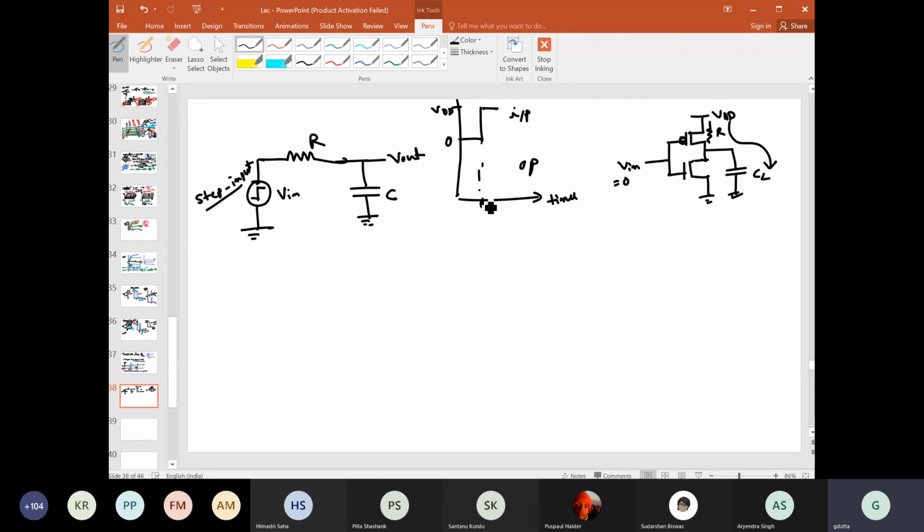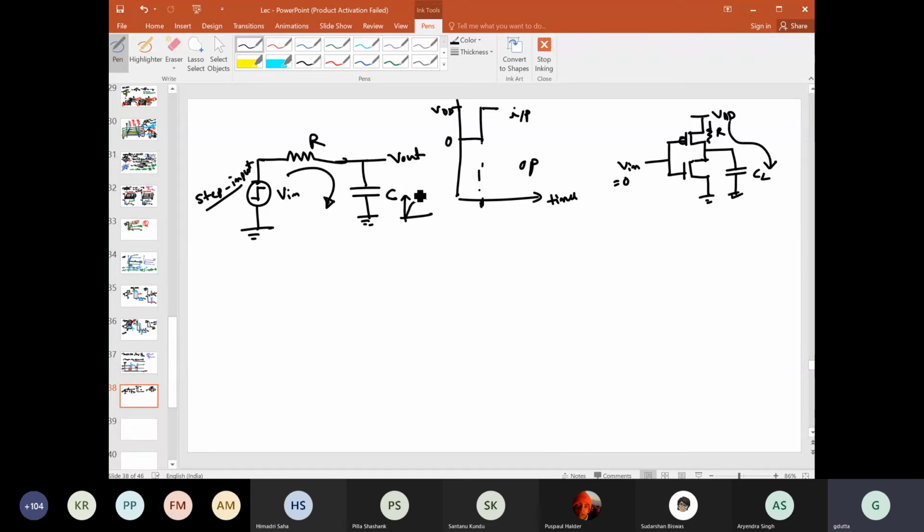But at this moment we have suddenly applied this voltage. So a current will flow through this to try to charge the capacitor. And the capacitor cannot charge instantly, but it will take some time. The charging behavior of this capacitor is like this, right?